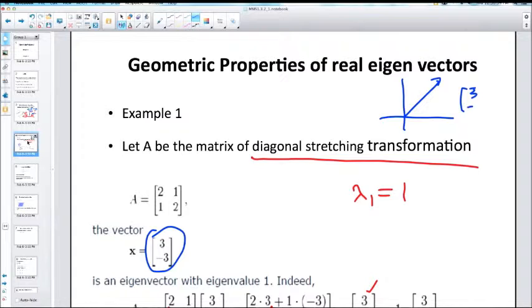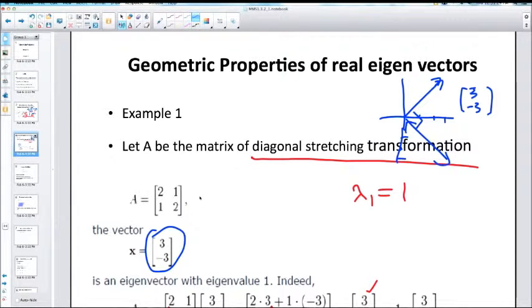Negative 3, negative 3, so 3 here, negative 3 here is this direction. See, it's perpendicular to the diagonal direction. And this perpendicular direction clearly does not change if you stretch it to the diagonal direction. That's the purple one.